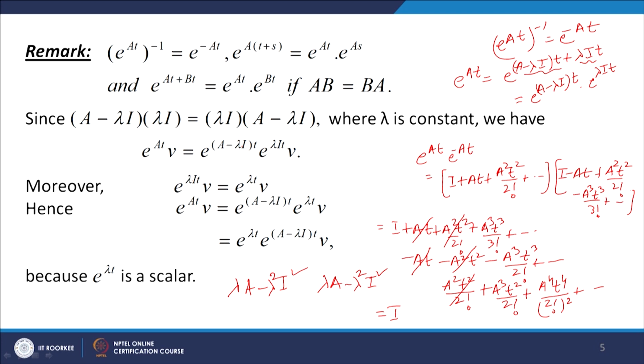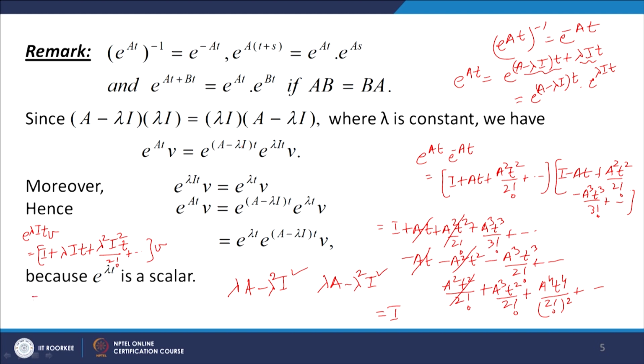Now, e to the power lambda I t into b is equal to e to the power lambda t into b. This we can see very easily. Let us write e to the power lambda I t into b. This is equal to I plus lambda I t plus lambda square I square t square upon 2 factorial and so on, into b.